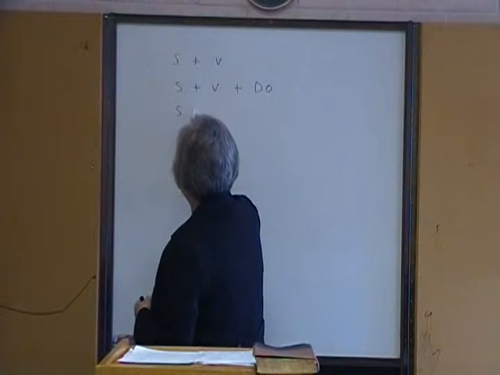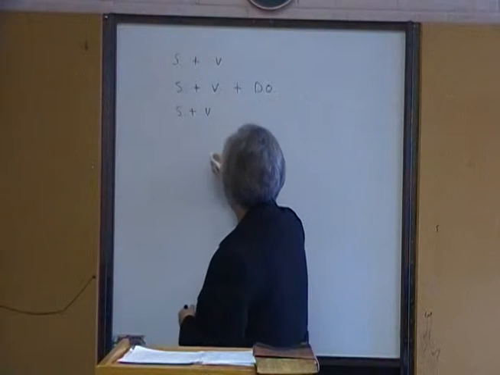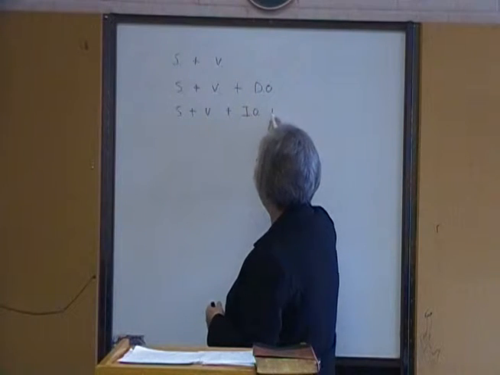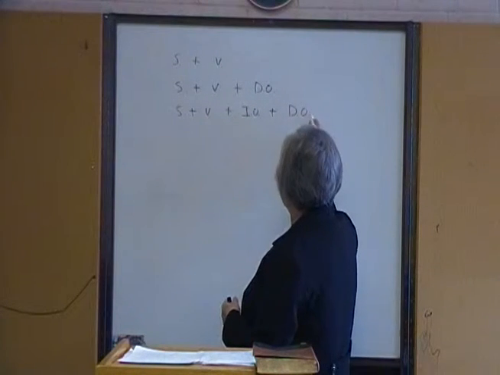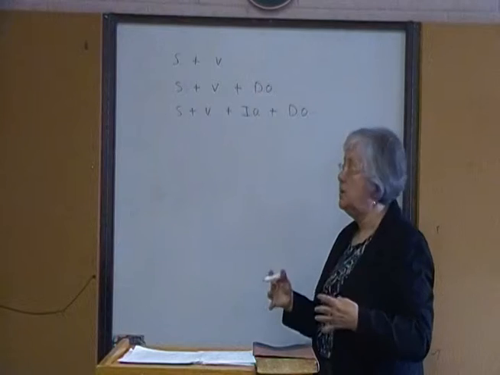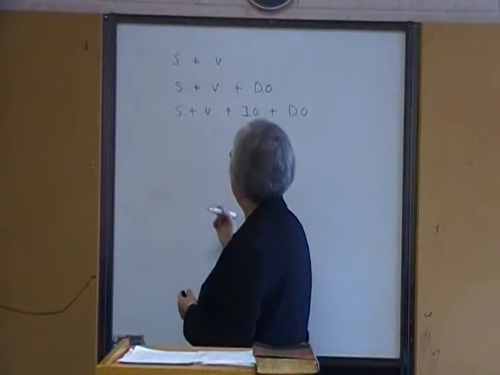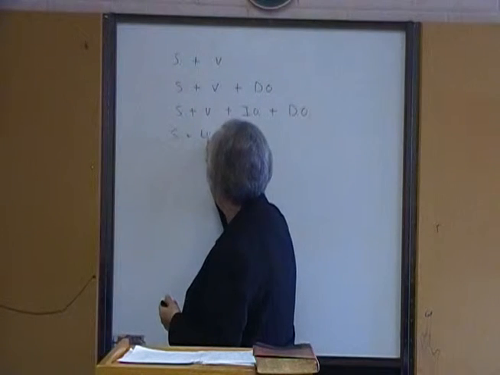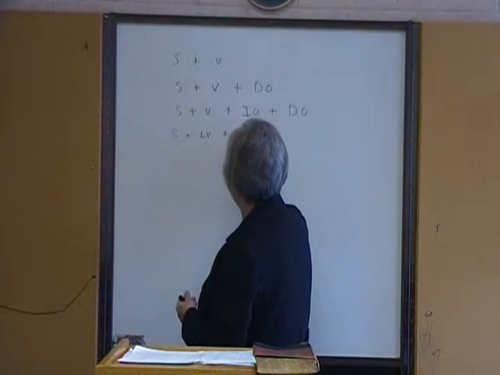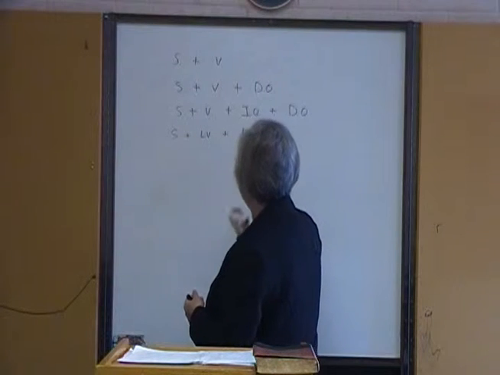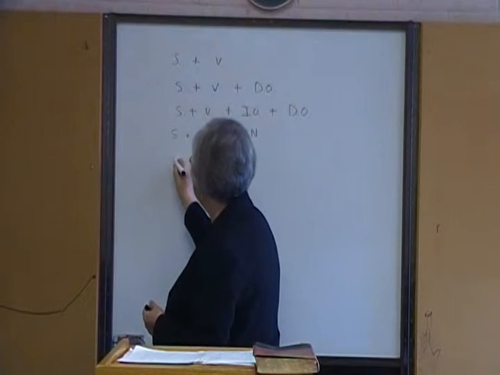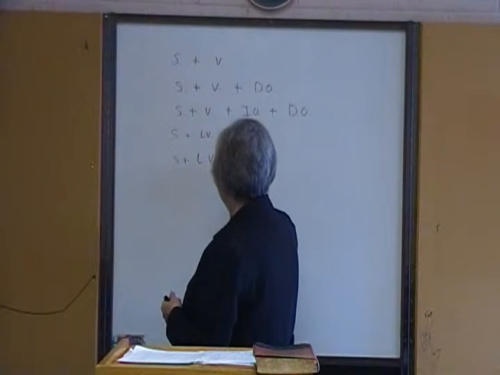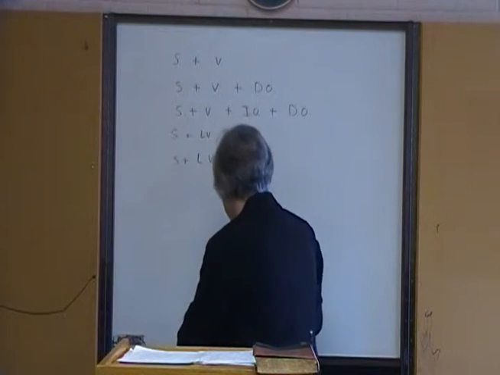That's another sentence pattern. Then you have subject plus a verb plus an indirect object plus a direct object. Then you have a subject plus a linking verb plus a predicate nominative. Then you have a subject plus a linking verb plus a predicate adjective.